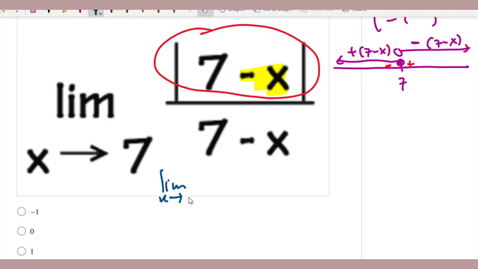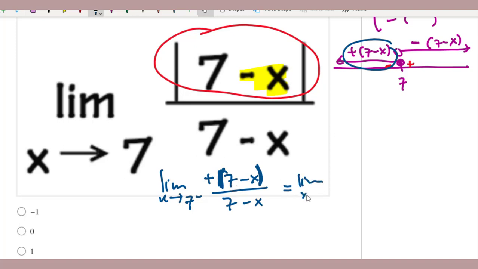Limit as x approaches 7 from the left. The absolute value changes to positive 7 minus x over 7 minus x. Simplify, we get 1.